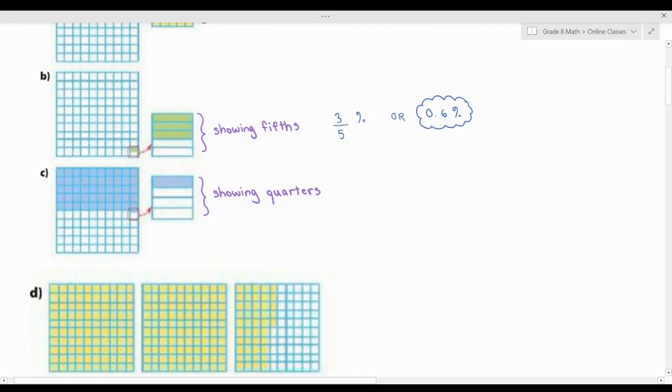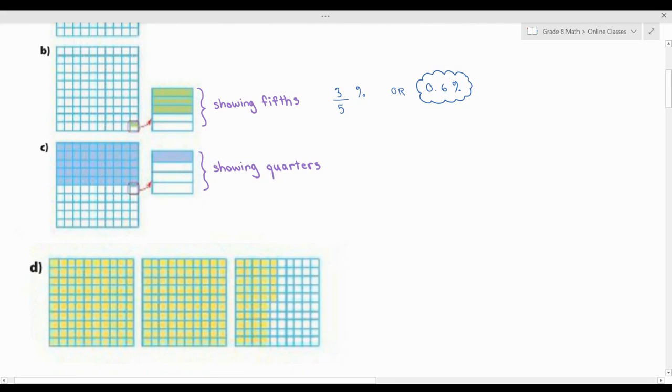Okay, question C. This time we do have some shading on the actual 100 grid itself, beyond just the zoomed in part. So I'm going to count. I know that it's 1, 2, 3, 4, 5, 6, 7, 8, 9, 10 across. So that's 10 across this way, 10 down, which is why it's called the 100 grid. So it's 10 across, and then 1, 2, 3, 4, 5 down that are completely shaded in. If this is 10 across and 5 down, I know that in total, there's 50% shaded there.